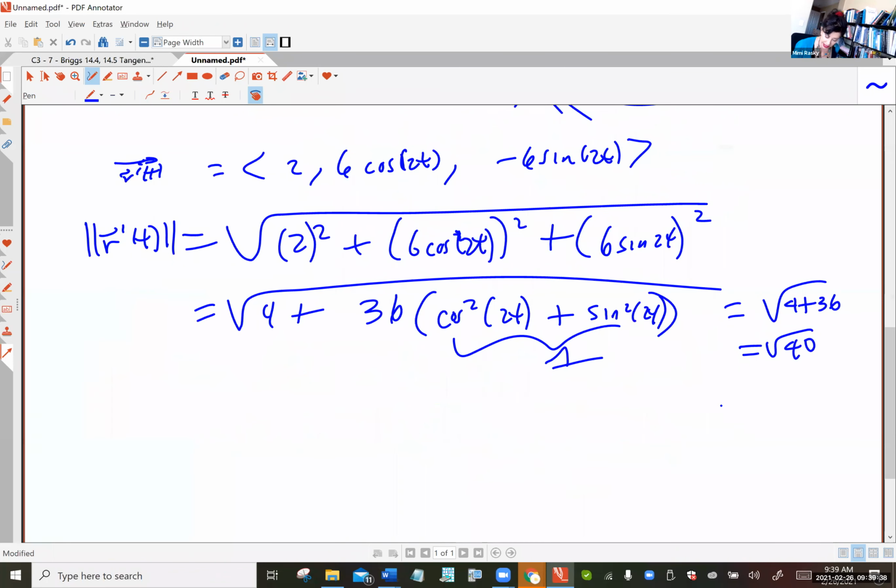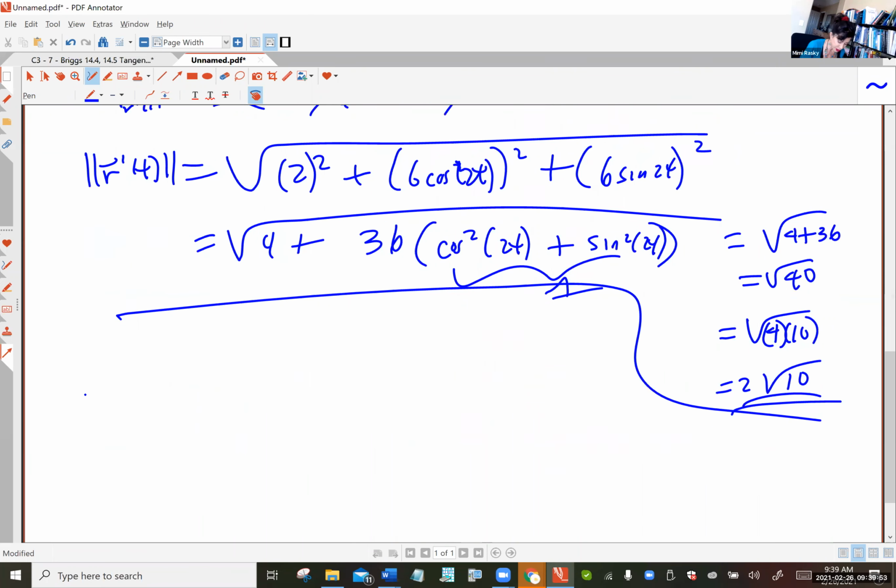Now, in this class, anytime you get a radical, go a little bit extra for me. Since 40 is the same as 4 times 10, and there is a perfect square factor in there, that is your R prime's magnitude. Now you can put it together because big T is the unitized R prime.